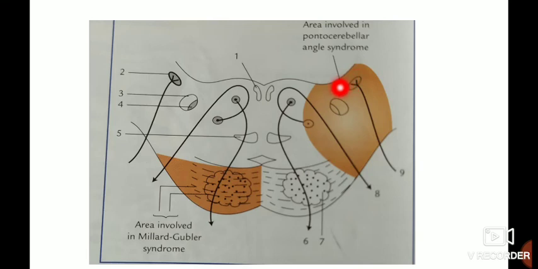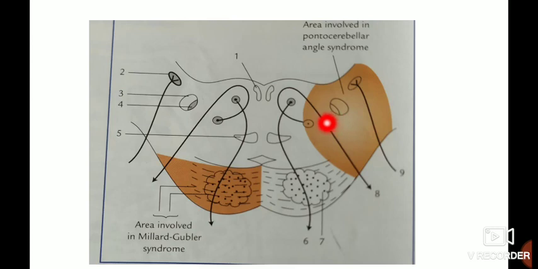Another condition is the pontocerebellar angle syndrome. This usually occurs due to pressure exerted on the lateral region of the pons by an acoustic neuroma, a tumor which develops from the Schwann cells surrounding the cochlear nerve. The characteristic signs and symptoms would include, due to involvement of the vestibulocochlear nerve, tinnitus, progressive deafness, and vertigo.